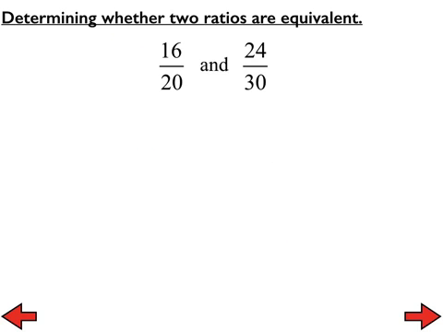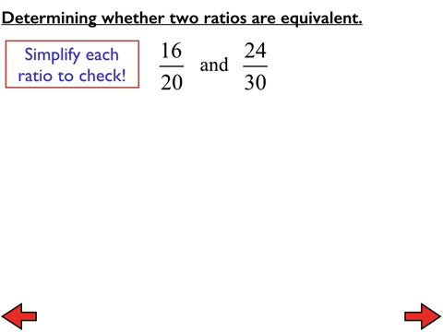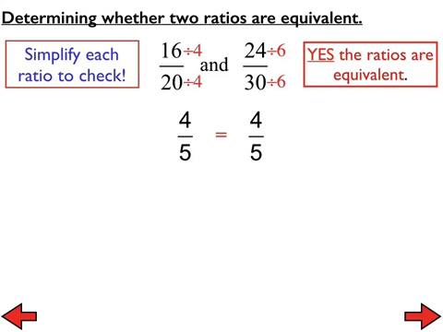So what I want you to do with these two fractions is reduce both of them and see if they're equivalent. See if you get the same fraction. Good. Both of them reduce down to 4/5. They're both 4/5, so I can put an equal sign in the middle of them and say 4/5 equals 4/5, meaning, yes, they are equivalent.